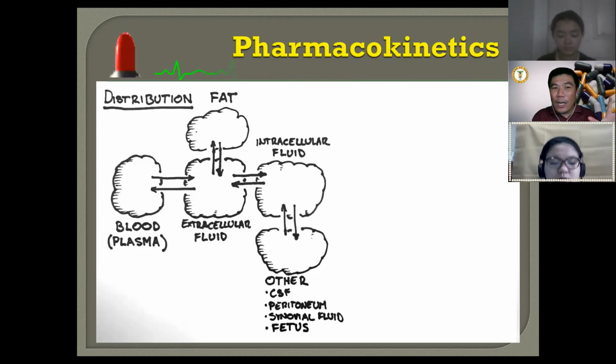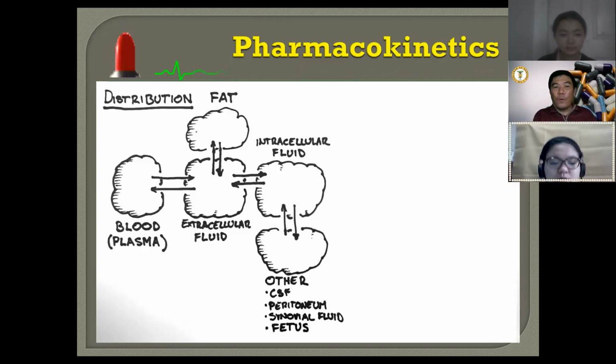In the extracellular compartment, meaning the outside compartment, because we have the intra. In the extracellular, the highest cation or positively charged electrolyte is sodium. The negatively charged electrolyte that is highest in extracellular is chloride.